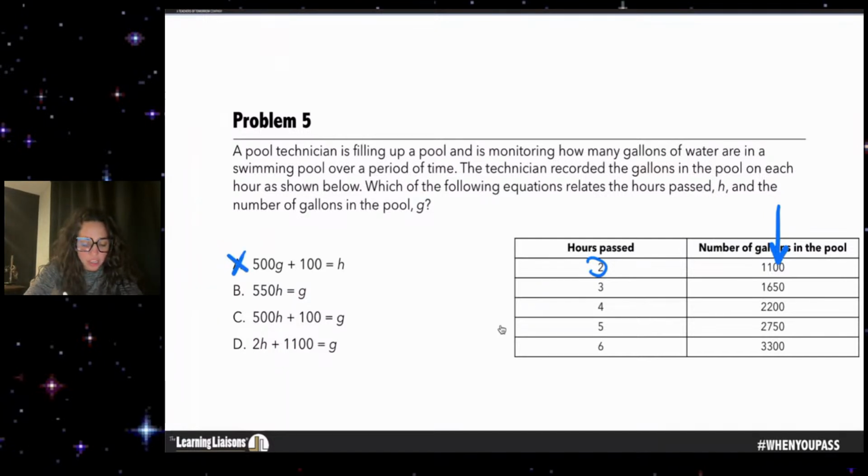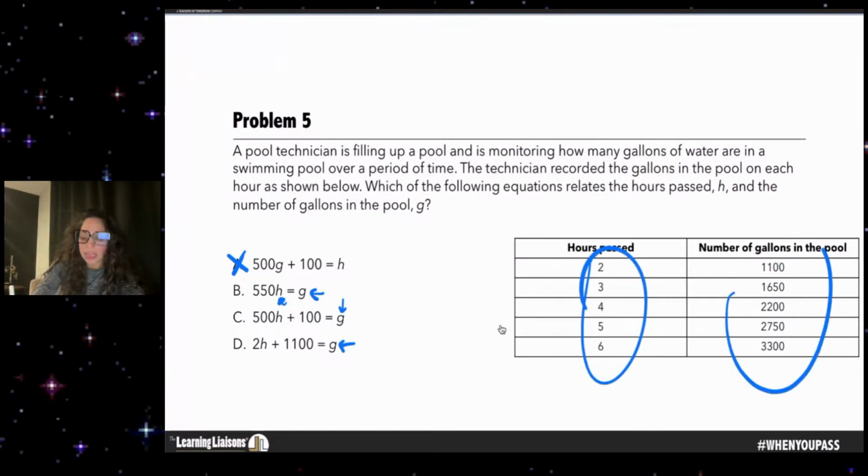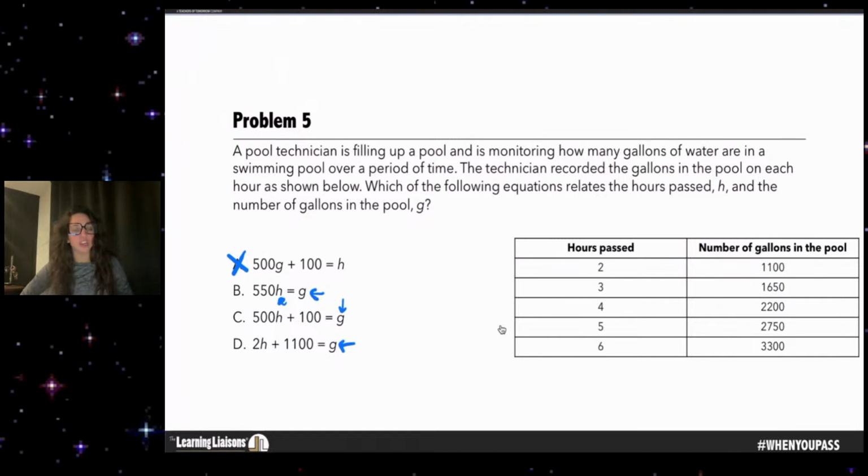Multiply 550 times the number of hours, and it could equal G. In fact, I'm noticing that everything is equaling G at this point, and that makes sense. If I multiply these numbers by something, it could equal a high number of gallons. Now, here's what I would do if you don't understand linear equations, you don't understand slope, you don't understand y-intercept, use your answer choices to help you.